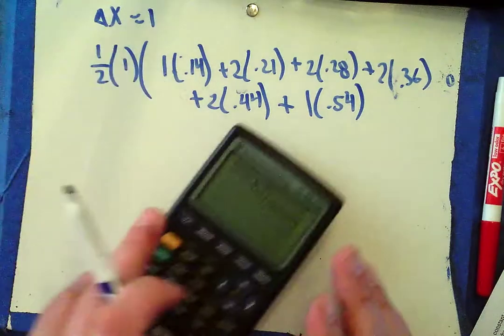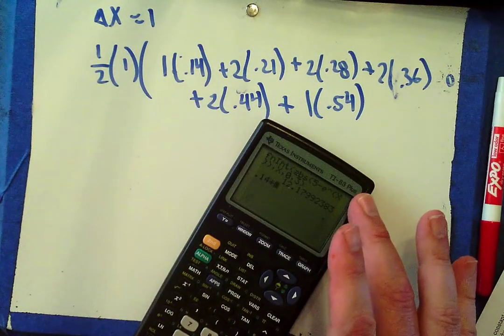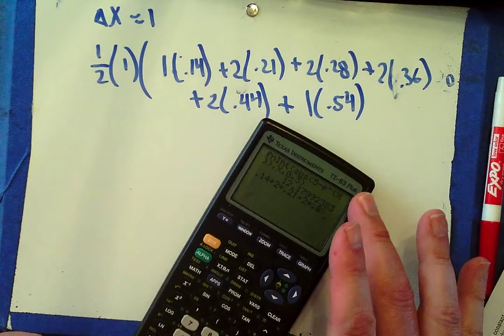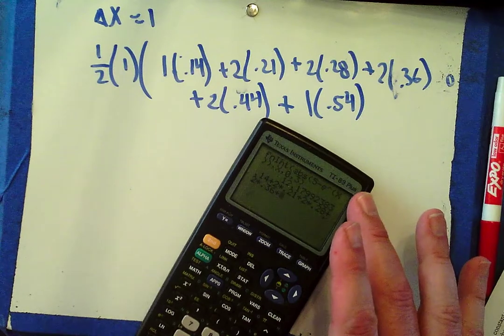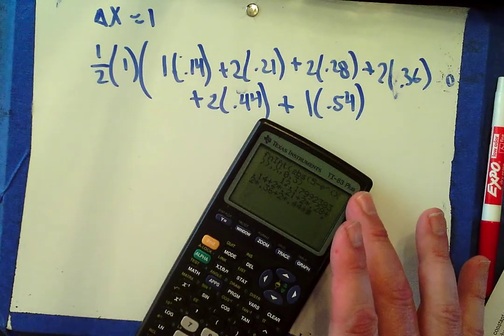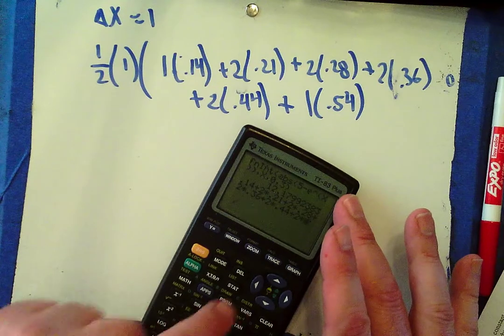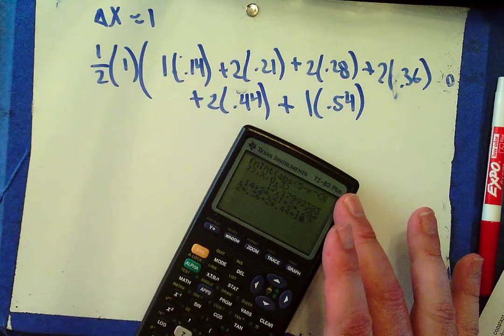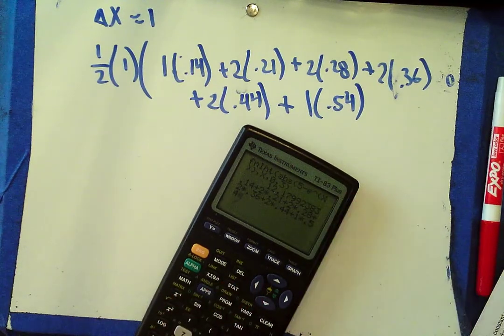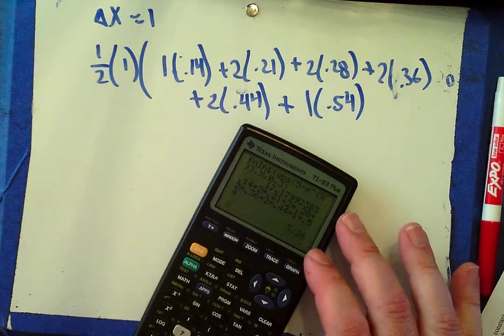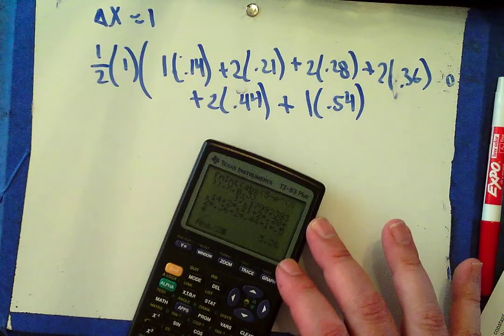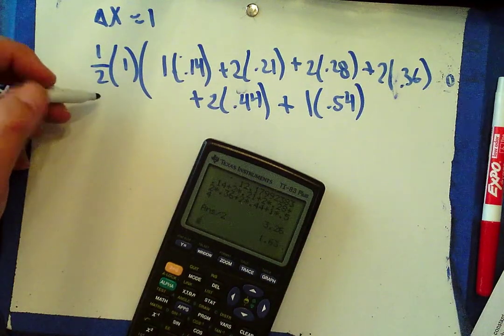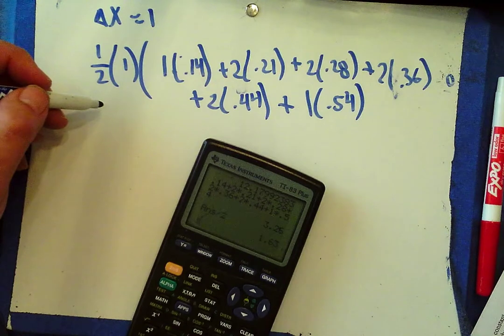Okay, so 0.14 plus 2 times 0.21 plus 2 times 0.28 plus 2 times 0.36 plus 2 times 0.44, no, only 1 times 0.54. And then I want to multiply all of that by 1/2. 1.63 is not here.